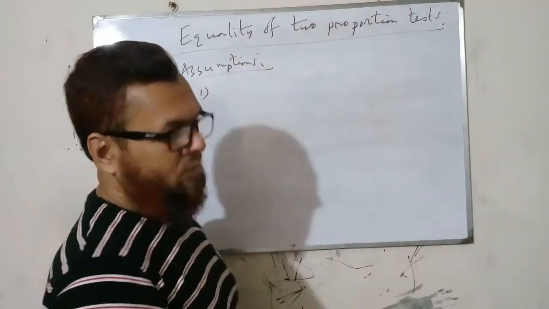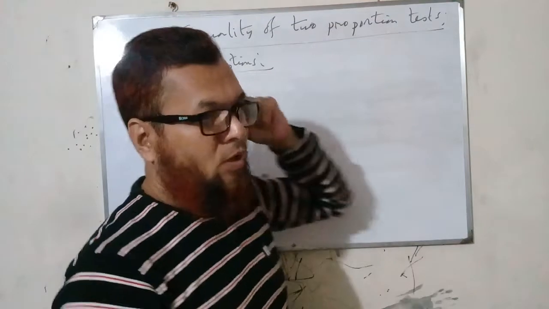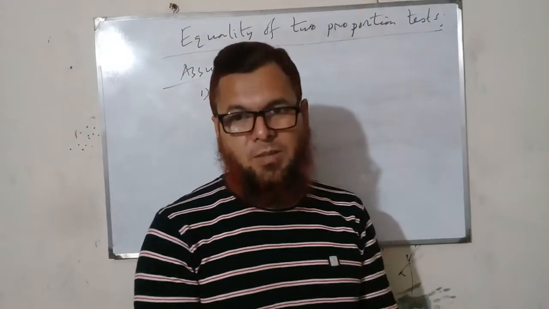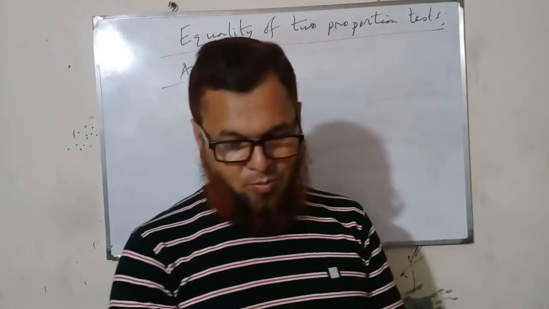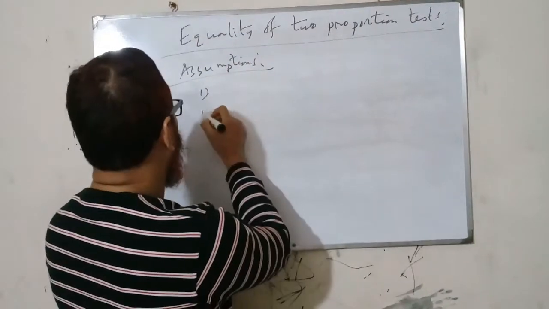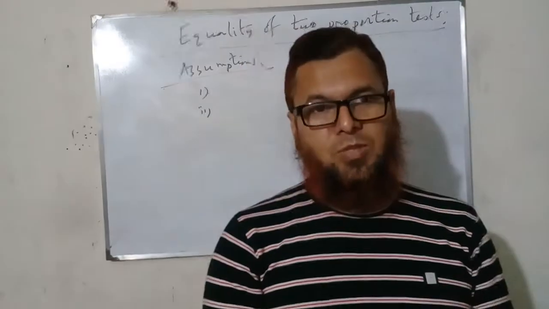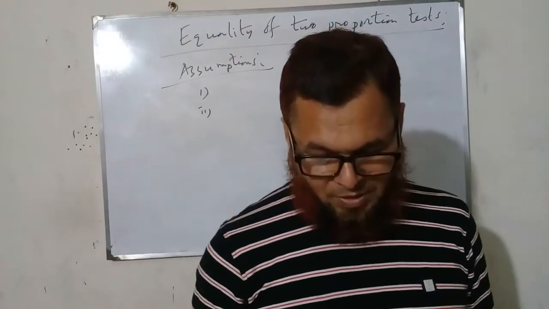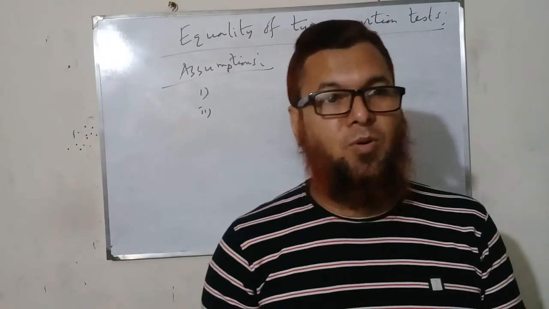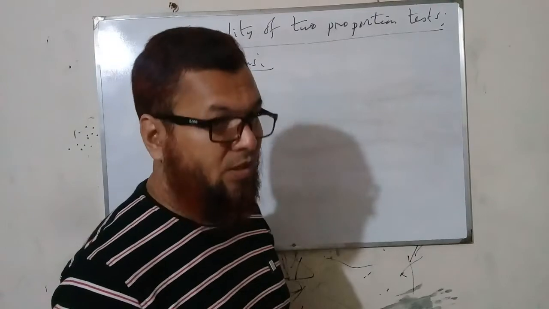Number one, since it is equality of two proportions, two random samples are drawn from two Bernoulli distributions. Number two, the two samples are independent.